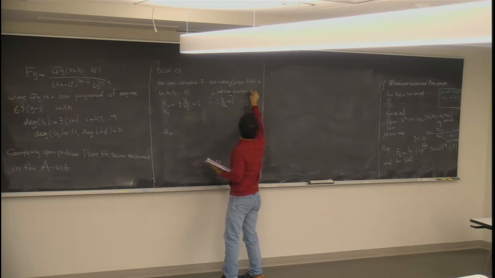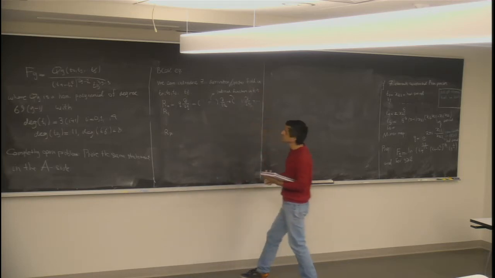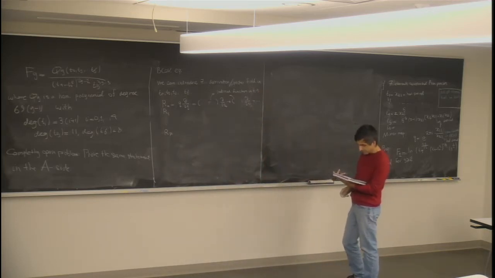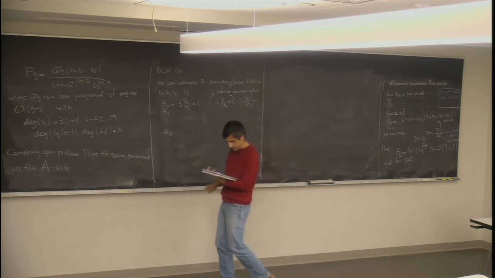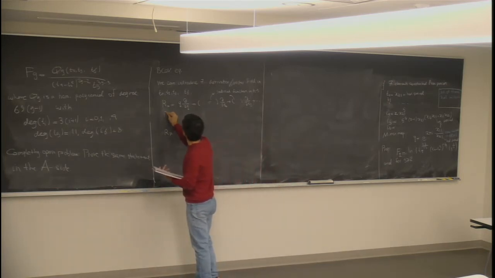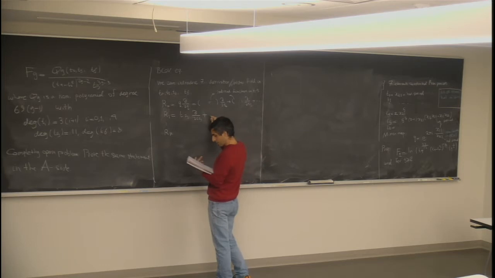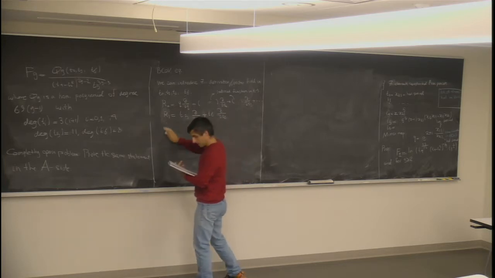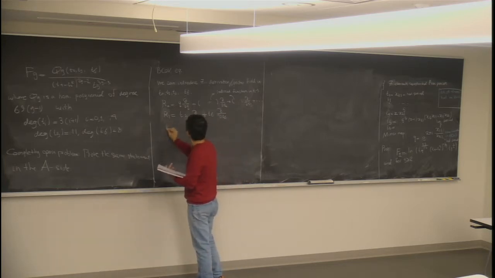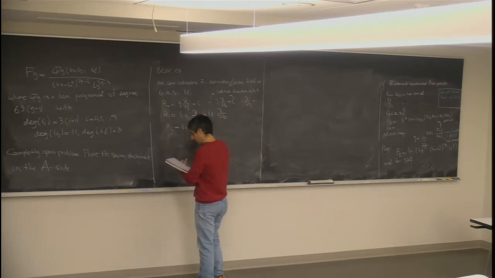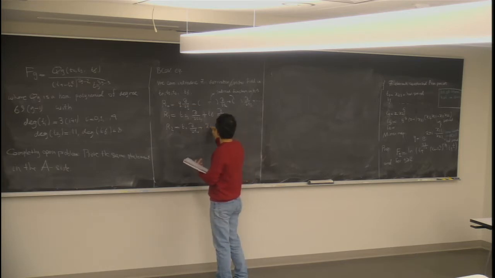The R2 I can also write: T0, T0 plus 2T1. The simplest ones are these. I will write R4 also: 6 to 5. So R4, R0, R1 until R6.